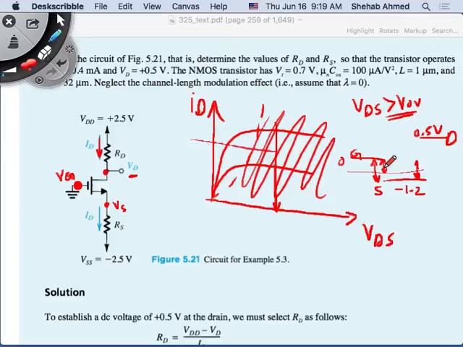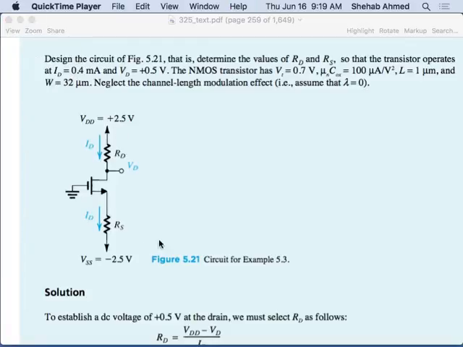Since we are already providing an over voltage and the drain is higher than the gate, we automatically know that VDS is greater than VOV. It's automatic here. So we have now placed the MOSFET into the saturation region.